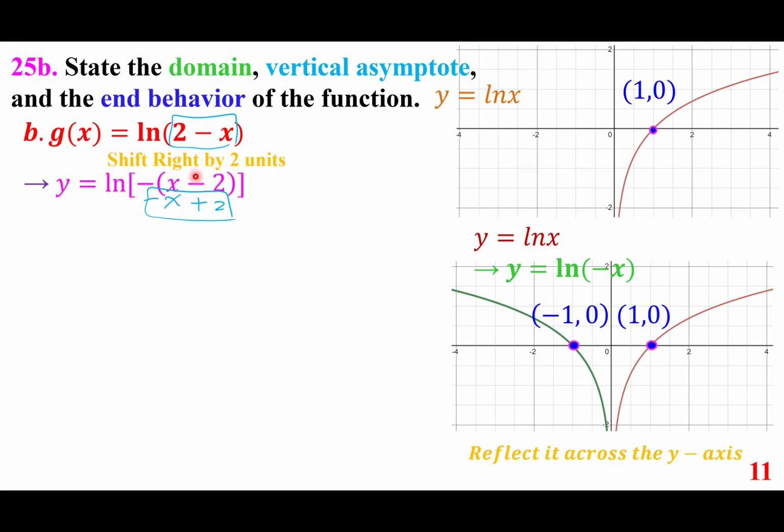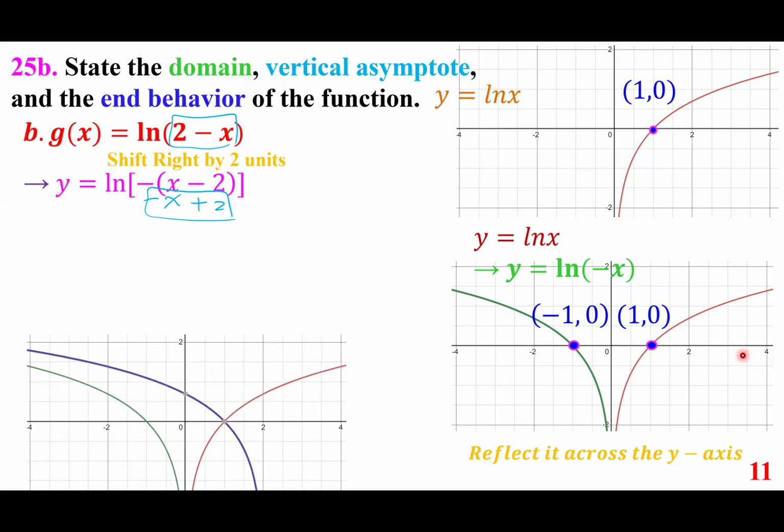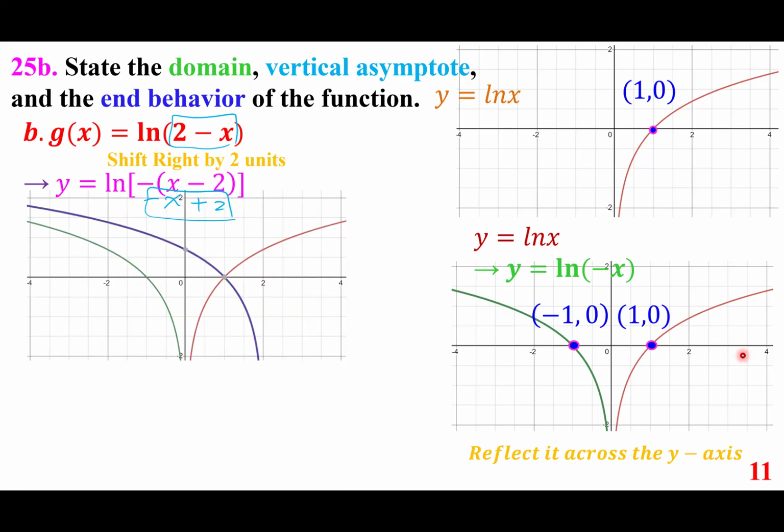So we have this one, then this one. Now we go to the right by 2 units. And as we move to the right, this one, negative 1, 0 to the right by 2 units, 1 and 2 brings us back to the same x-intercept. Okay, everybody? And we can draw the vertical asymptote, which has equation x equals 2.